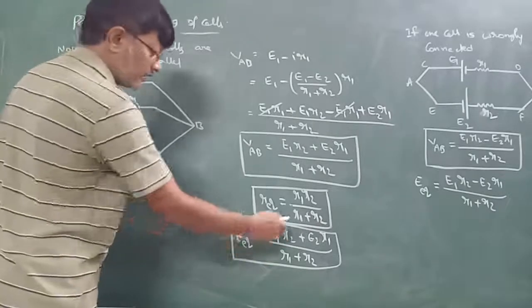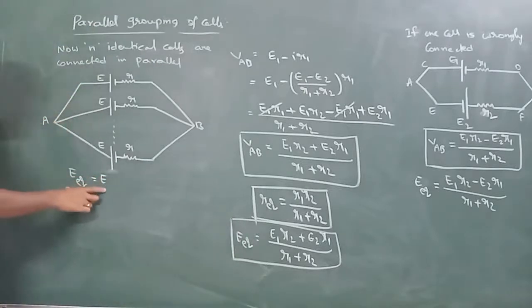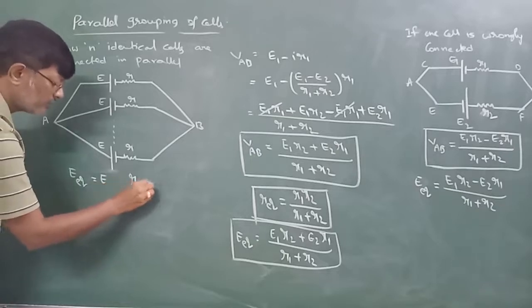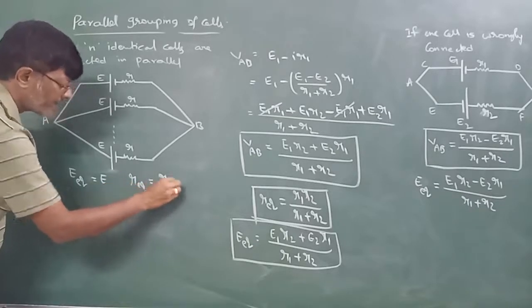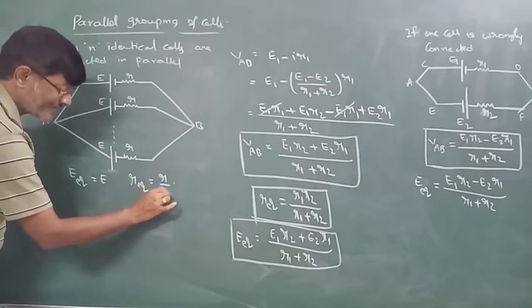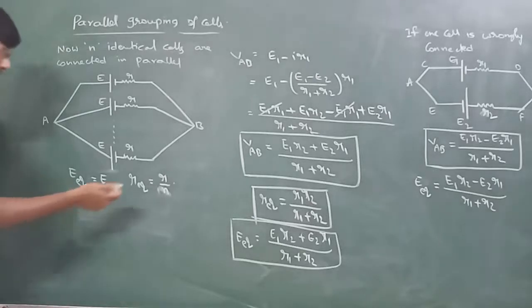We found that E equivalent is E. So E equivalent in parallel grouping is equal to EMF of the one cell, and R equivalent is equal to r by n. When n resistances, each of resistance small r, are connected in parallel, effective resistance is r by n.